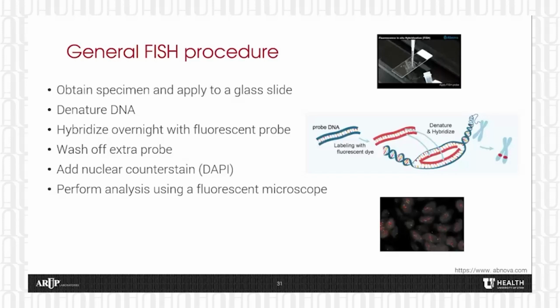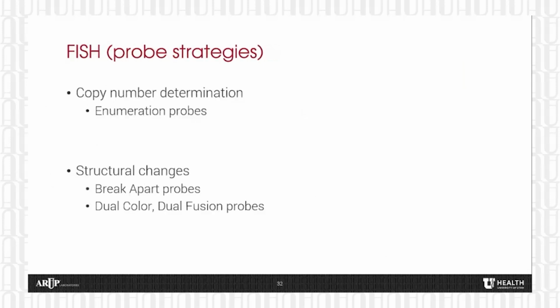And then the next day, extra probe is washed, and the nucleus counterstain is added, which is called DAPI, and that's what gives the nucleus a gray-blue color. And then you perform analysis under a fluorescent microscope.